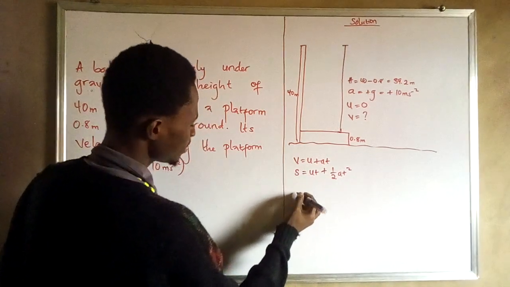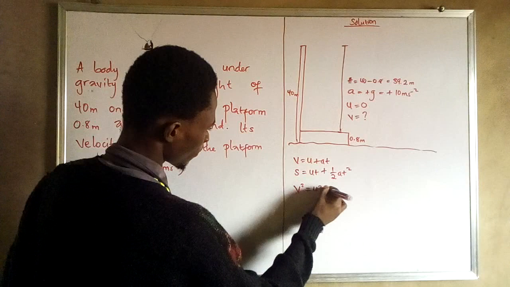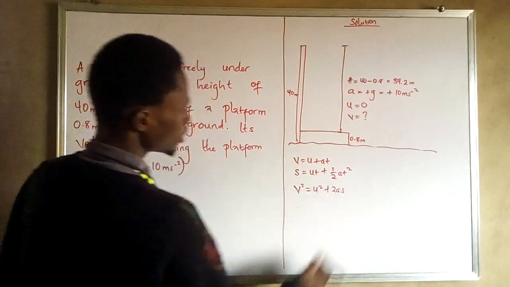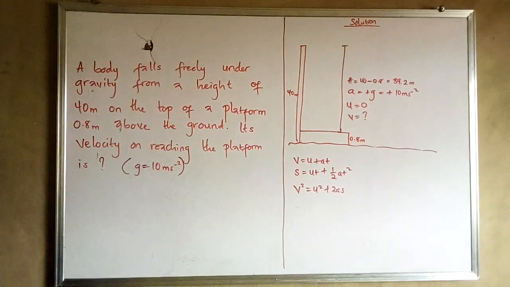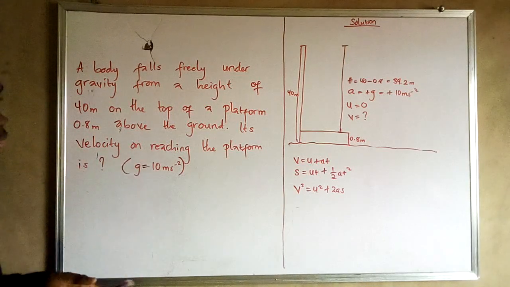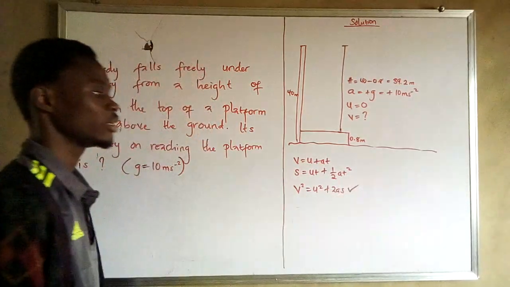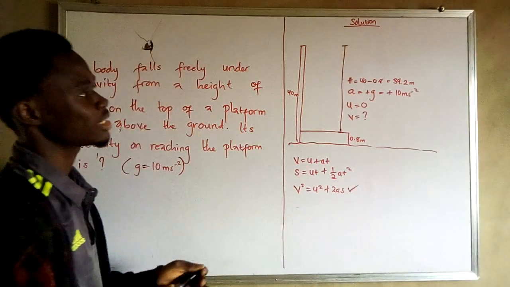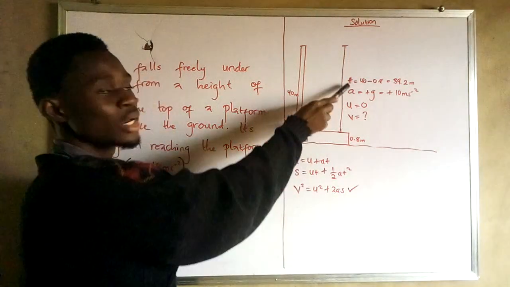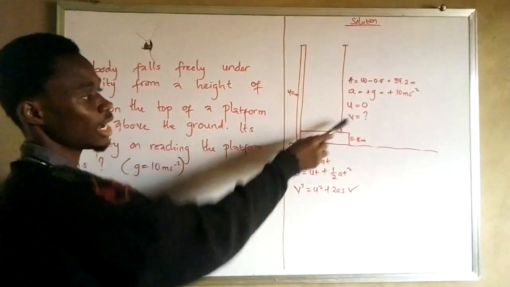And the third one is v squared equals u squared plus 2as. Now in this case, the best of the three equations which can be used to get the final velocity we are looking for is the third equation of motion, because the question involves height of motion, acceleration, initial velocity, and the final velocity.